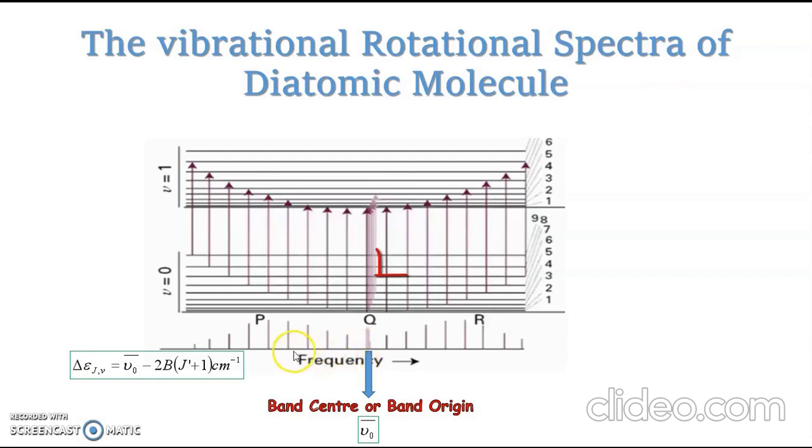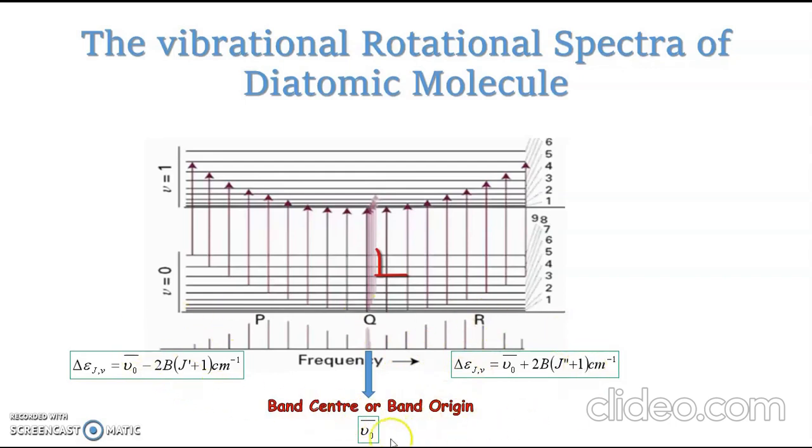That is, you will have lines in the P branch at 2B, 4B, 6B, 8B from the equilibrium vibrational frequency. For R branch, you must get mu 0 bar plus the same 2B, 4B, that is, for this the lower state J is 0, 1, 2, 3, and you will get 2B, 4B, 6B, 8B, 12B, etc.